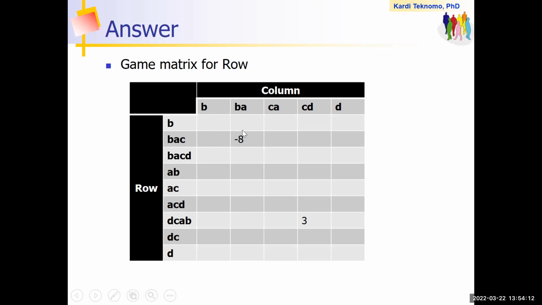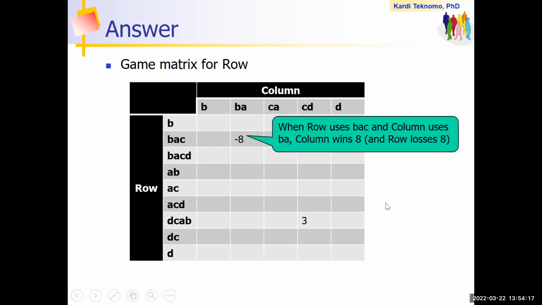So this is an example of the number that you can put in here. What is this number? For example, -8 here. That means if the row uses the BAC path and the column uses the BA path, then the column wins 8 and the row loses 8. Clear?